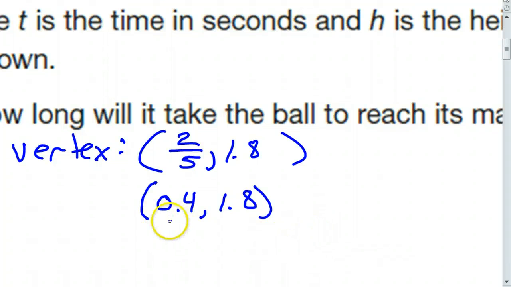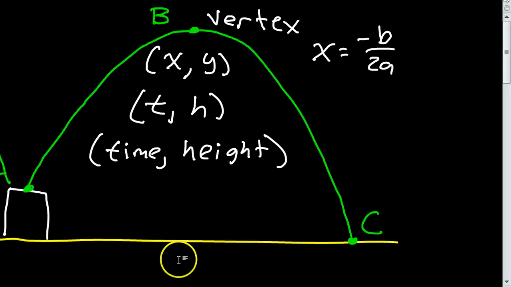Okay? Now remember what I told you. Remember what this means. Let's look back at our work here. That x value, which in this case are actually t values, t is time. And then instead of y, we have h, because that represents height. So this vertex is the time and the height. Alright, so this height is the maximum height, because look where it is.